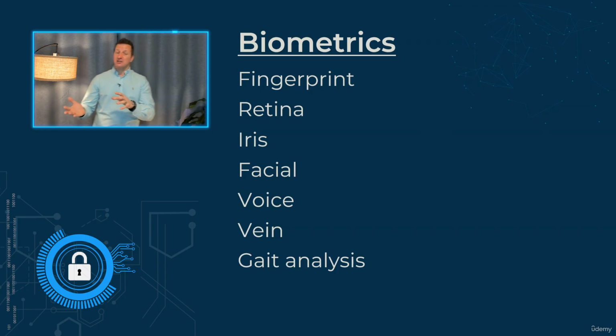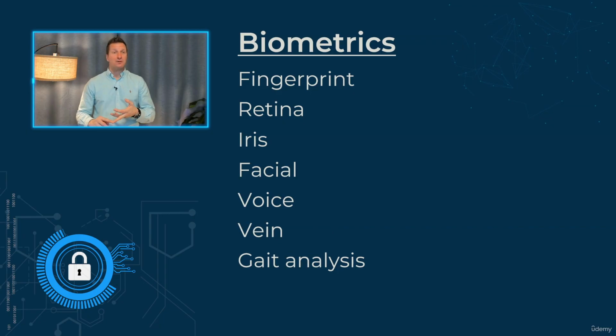Continuing with authentication, we have biometric as a factor. A biometric factor is something that is unique to you as an individual, whether it's a fingerprint. Now, for a long time, we've been able to use fingerprint scans for authentication on devices like laptops, smartphones, and tablets. So that is one way to authenticate. Maybe a retinal scan for the unique characteristics of the vessels or veins within the retina, or iris scans, facial recognition.